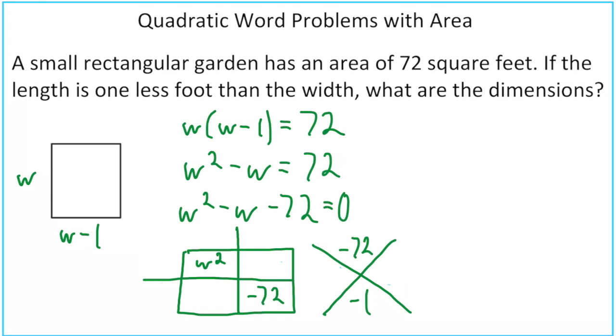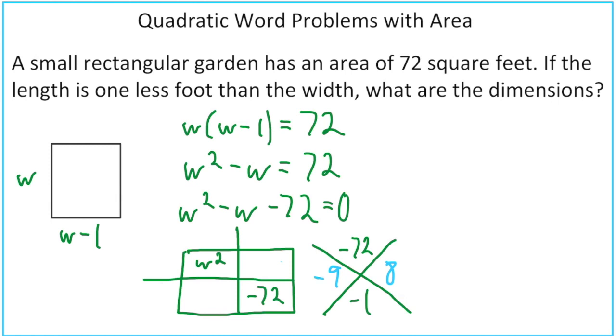I'm thinking multiply to get 72 and subtract to get 1. We're subtracting because the 72 is negative. That'll give me 9 times 8 is 72, and 9 minus 8 is 1. Now, which one is going to be positive? Which one is negative? We need the bigger number to be negative.